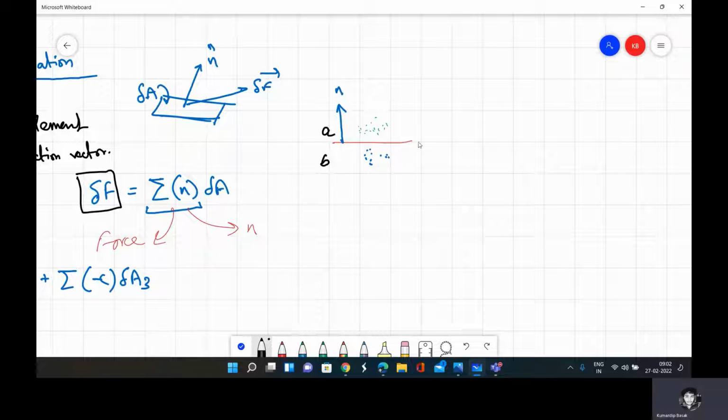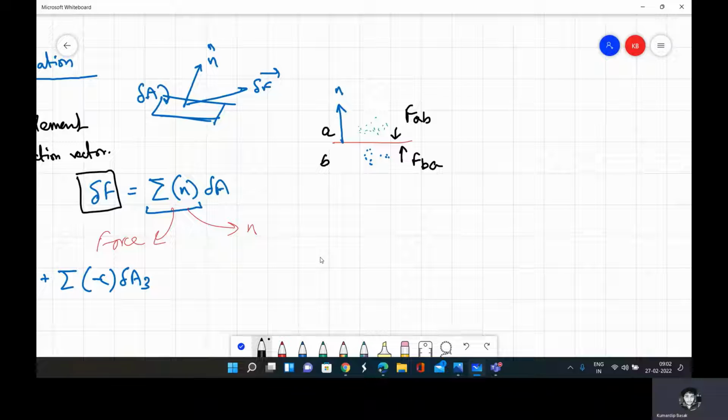So what is the force acting on the fluid particles at B by the fluid particles at A at the interface? We consider it as FAB. In a similar way, the force acting on the fluid particles at A by the fluid particles at B, we consider it as FBA.